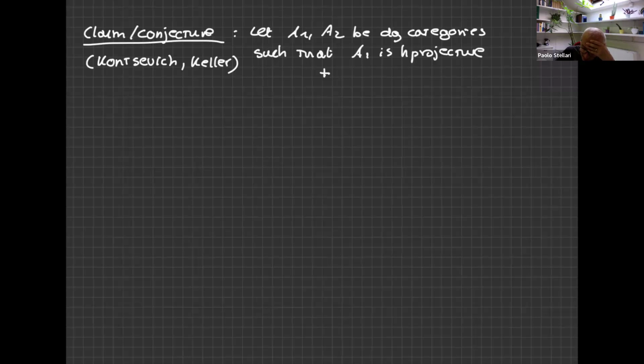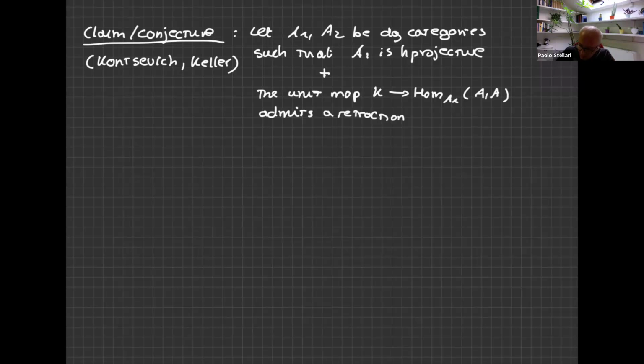Plus, there is an additional requirement that the unit morphism from k to Hom(A, A) for any object A of A1 admits a retraction, as a morphism of complexes.